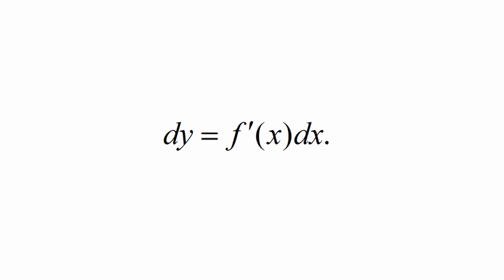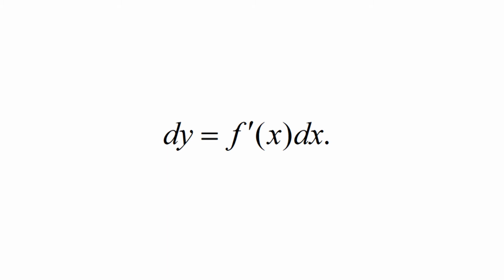To do this, assume that f is differentiable at a point x, define dx to be an independent variable that can have any real value, and define dy by the formula dy is equal to f'(x) times dx.